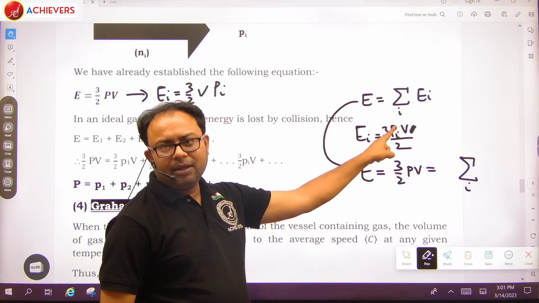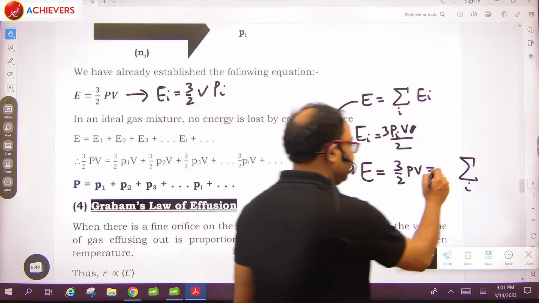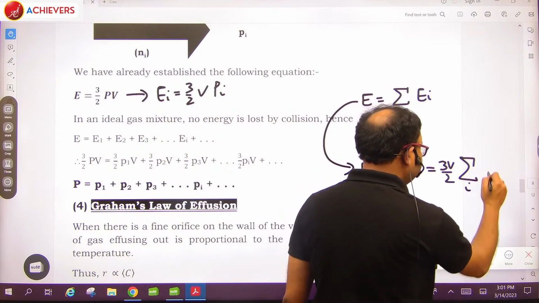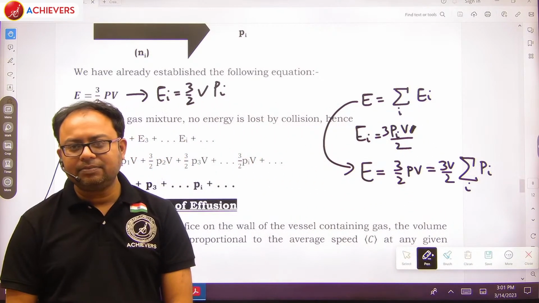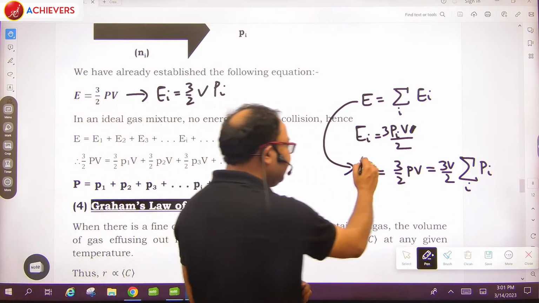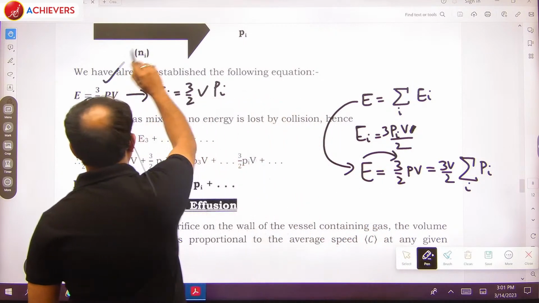Now 3 by 2 V is a constant, so it will be pulled out of the summation, and you will just have Pi within the summation series. E is already equal to 3 by 2 PV. We have already established that.